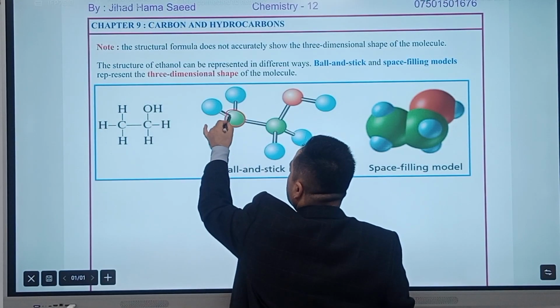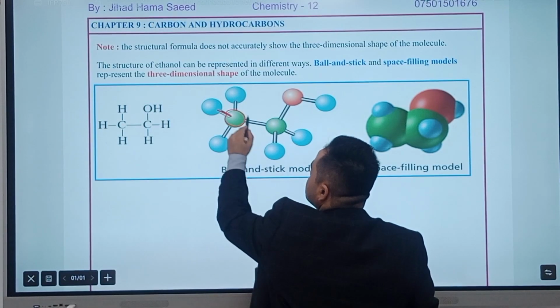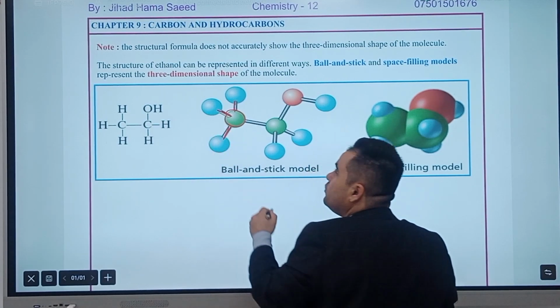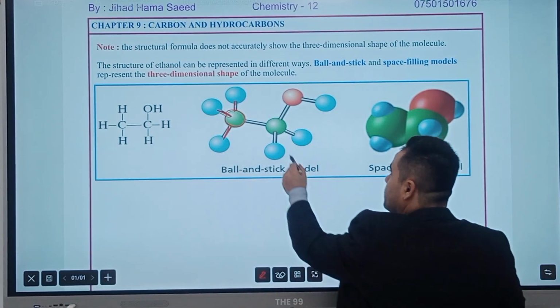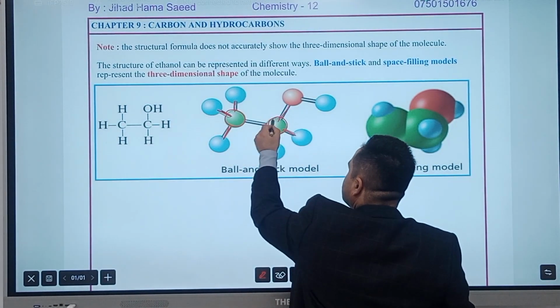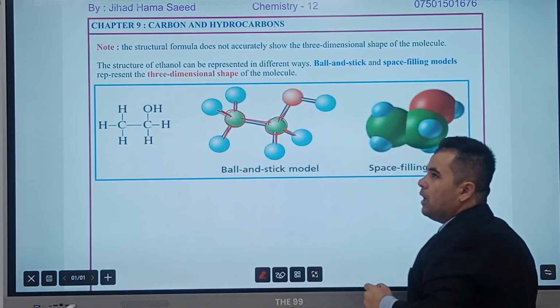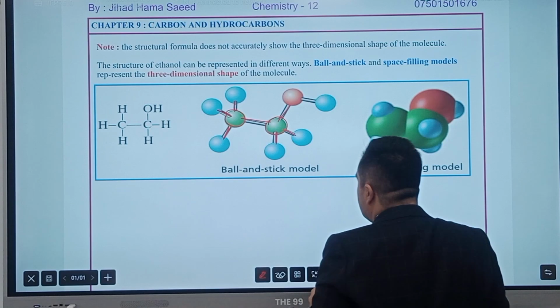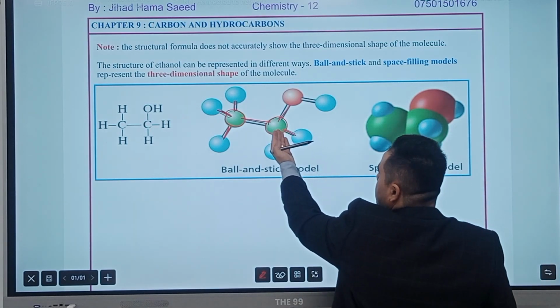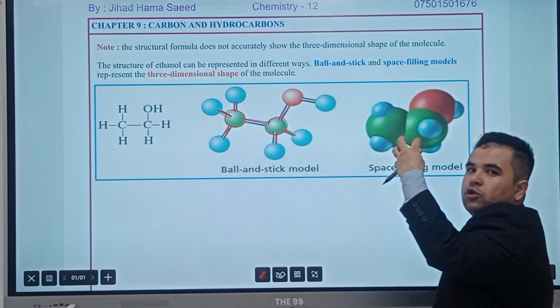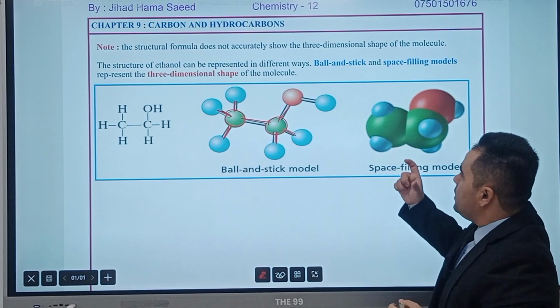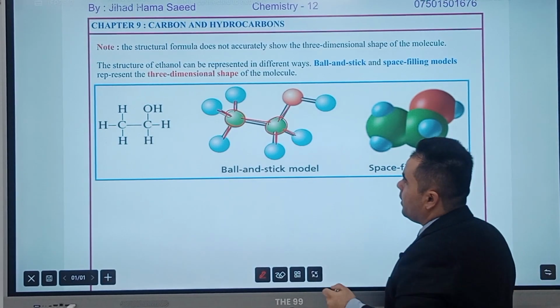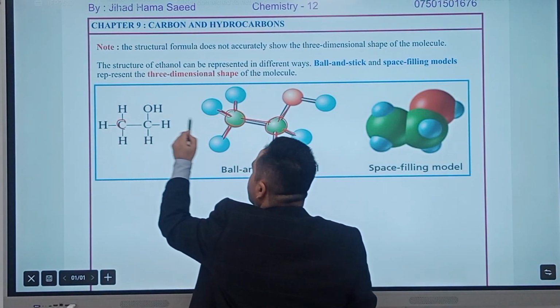The balls represent the atoms, and the sticks are what? The bonding. The ball and stick model represents the atoms by balls and the bonding by sticks.